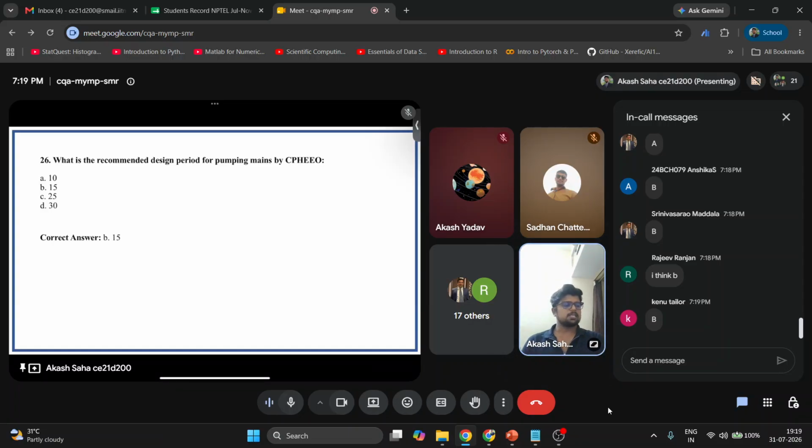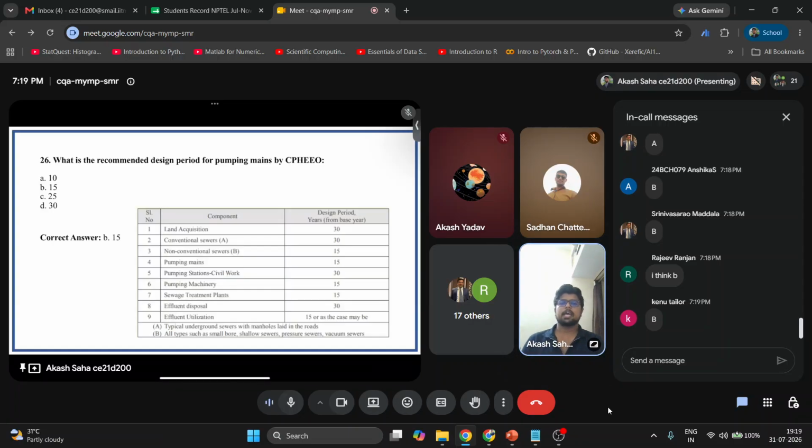That is 15 years. You can see here I have mentioned the design period for, let's say, land acquisition, conventional sewers, non-conventional sewers, pumping mains, pumping stations, civil works, pumping machinery, sewage treatment plants, effluent disposal, effluent utilization. So all these things.